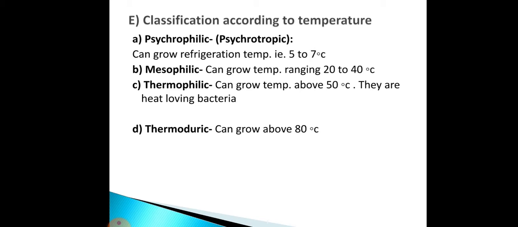The third one is the thermophilic bacteria, the bacteria which can grow at temperatures above 50. So they are heat loving bacteria. And the next one is the thermoduric bacteria, which can grow above 80 degrees centigrade.